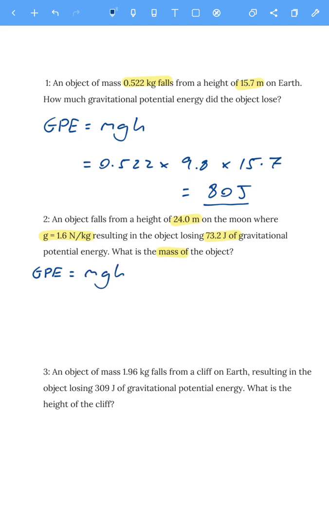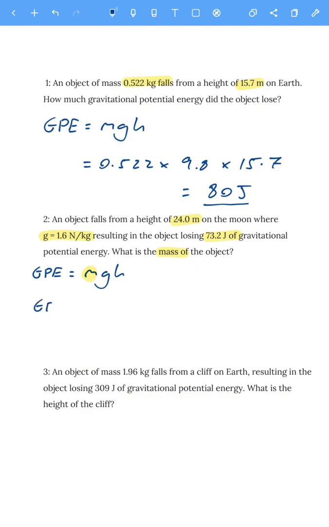Now on this one, depending on how good your maths is, you might need some help rearranging it. So we need mass. So we need to make mass the subject. So next to the mass, we've got a G times G and times H. So they're multiplied. So to get them to the other side of the equation, to make M the subject, we need to do the opposite of multiplying, which is, of course, dividing.